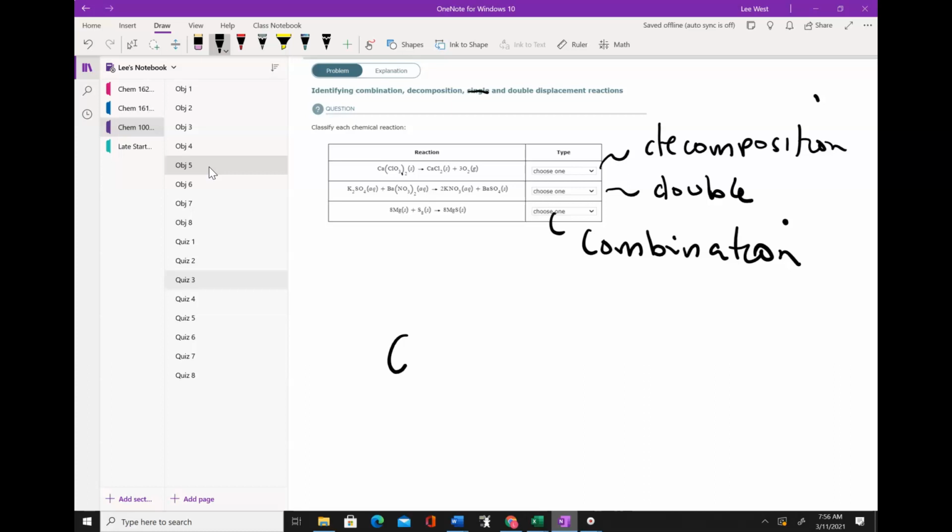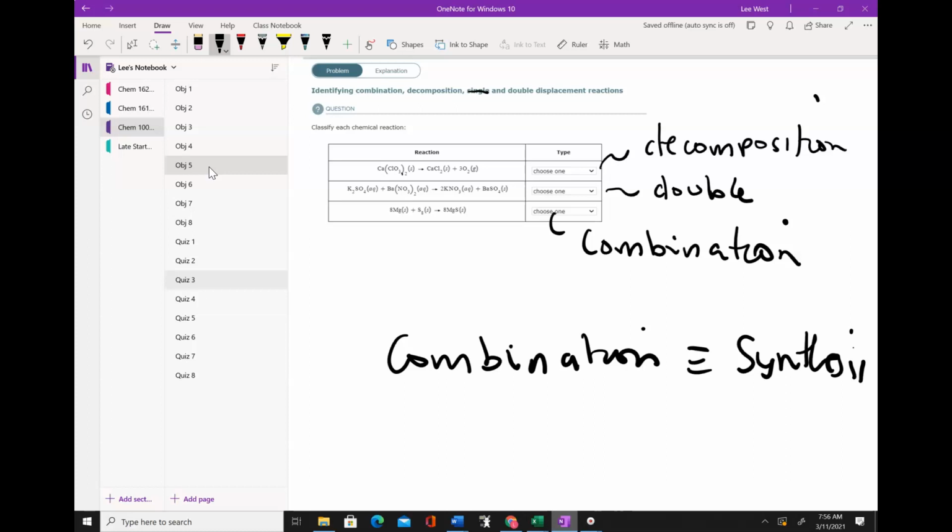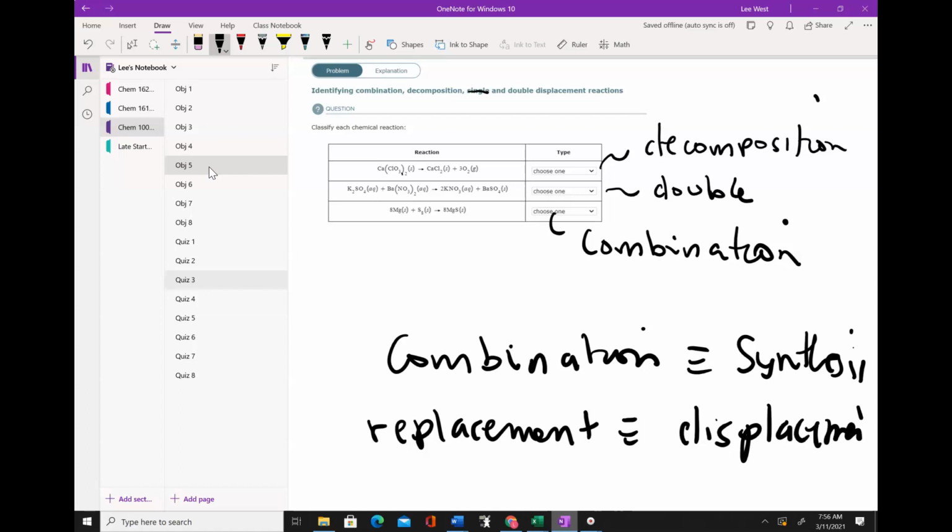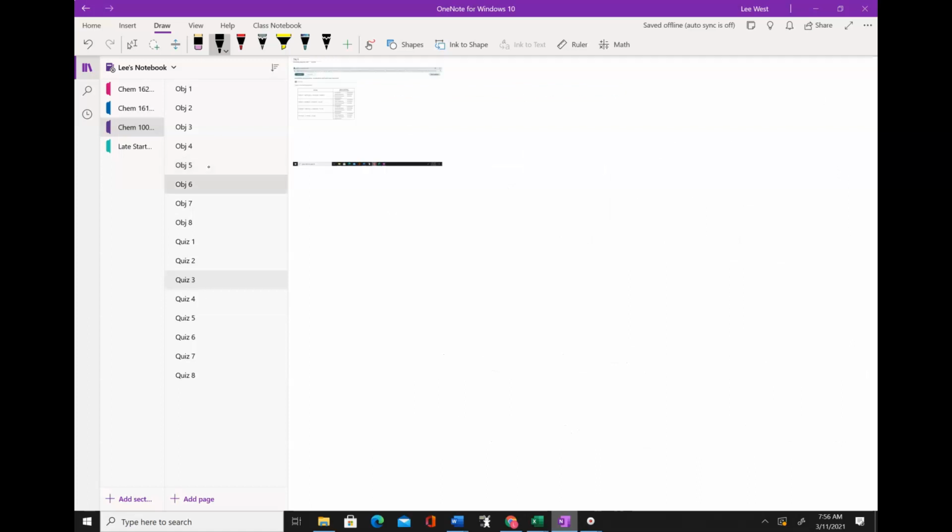Now notice that sometimes people will call combination synthesis, and sometimes people will talk about replacement reactions in the same way that we talk about displacement reactions. So that's just what we call synonyms, two words that mean the same thing. You'll kind of get used to it, you sort of have to.